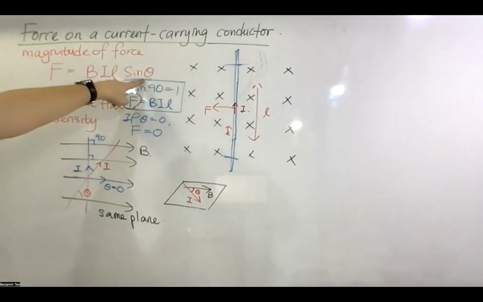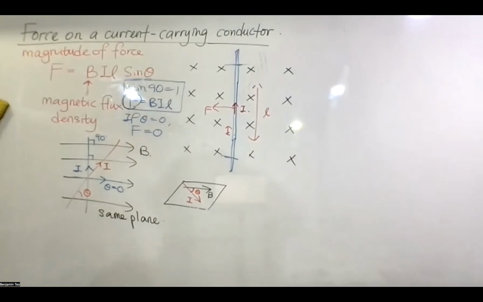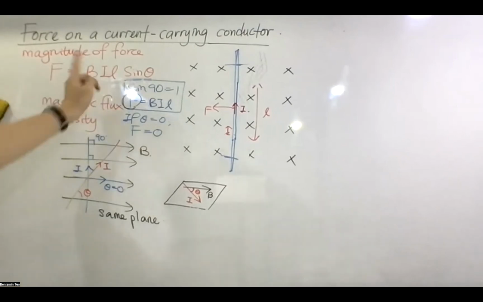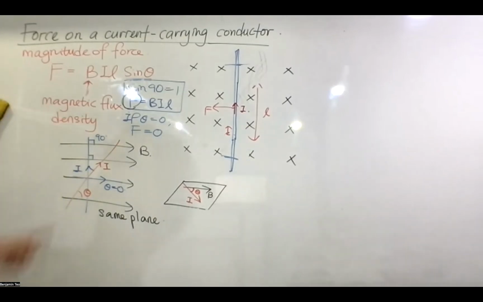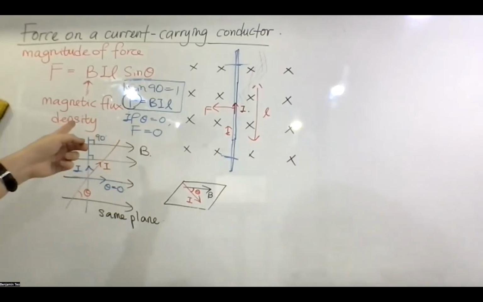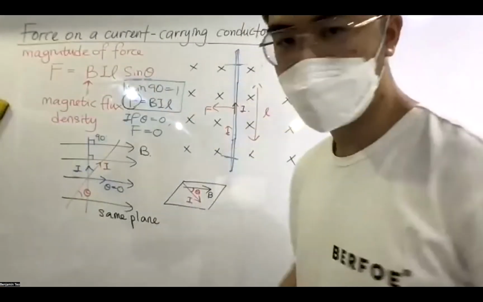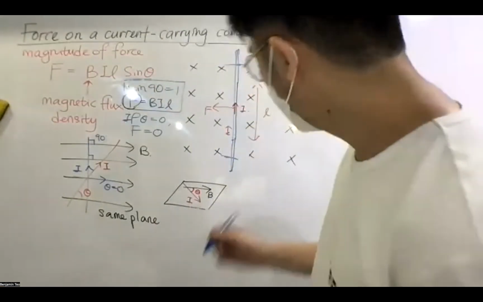Okay, that is the angle. In the formula, take note of the angle. The second one, you will look at the B, magnetic flux density. Okay, what is this? Sounds so complicated. Okay, very easy. You just think of it as your magnetic field strength. Remember your gravitational field strength?